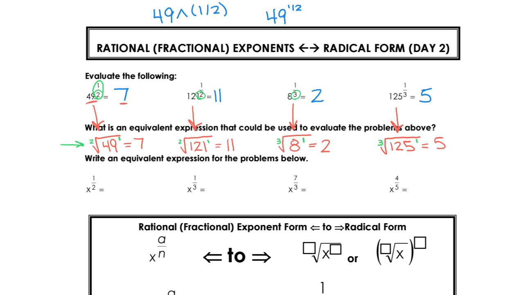All right, so then the following we're going to practice. It says write an equivalent expression for the problems below. All right, no problem. Okay, so x raised to the 1/2 power is going to be the same thing as a radical with an x underneath it, a 2 in the crack, and a 1 on the x. Okay? However, neither the 2 nor the 1 need to be written.